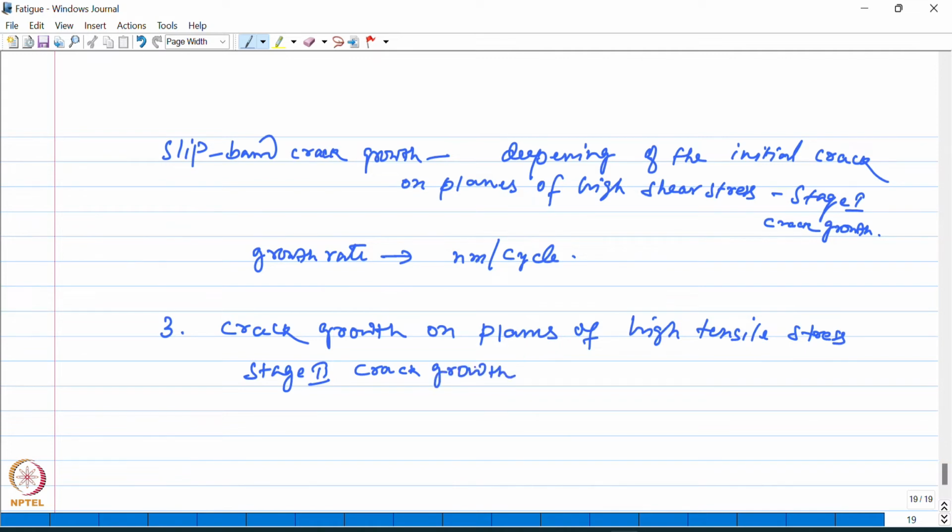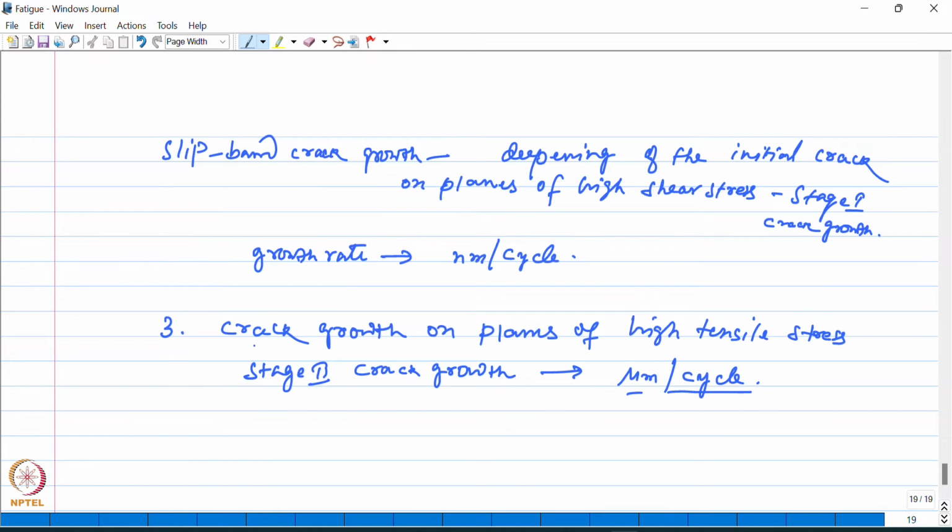This involves growth of a well-defined crack in the direction normal to maximum tensile stress. Okay, and the growth rates here are much higher compared to the stage 1 crack growth, and this could be of the order of micrometer per cycle.